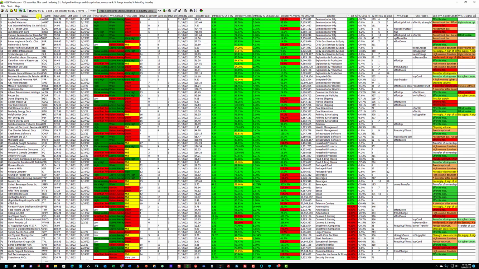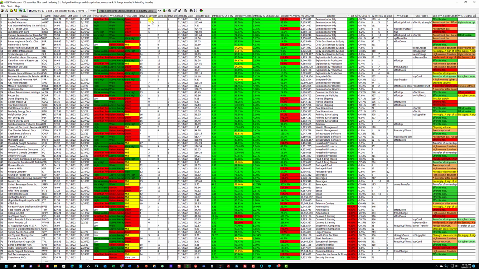Now, this view, I want you to start thinking in terms of these columns right here. Days since the 3 crossed the 6, days down since the 3 crossed the 6, days since the volume point of control crossed the 10, or the 10-day crossed, and then days down.